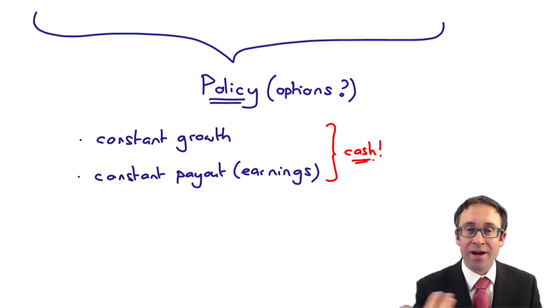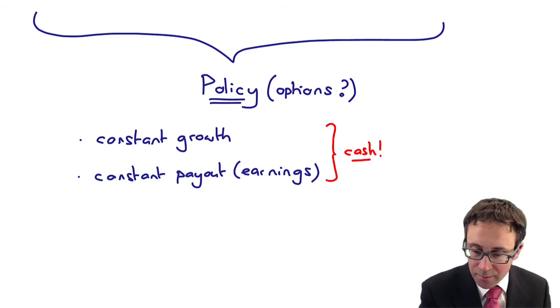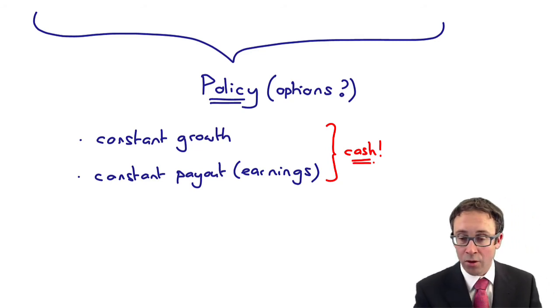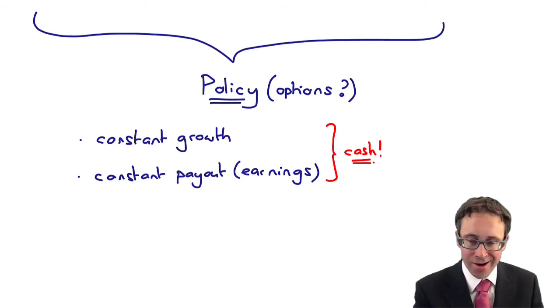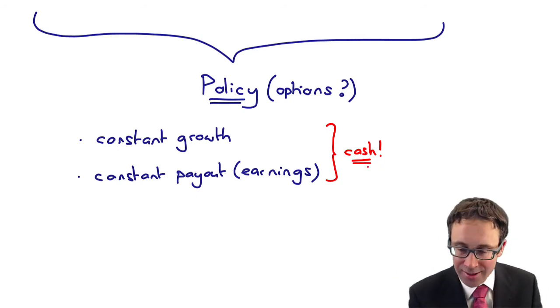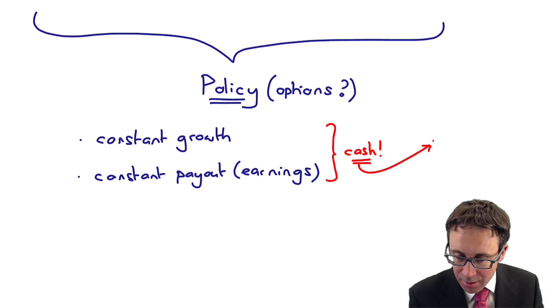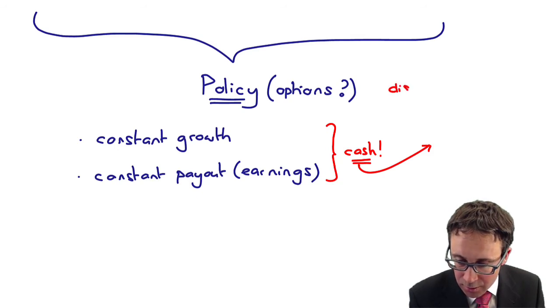involve cash, so you have to have the cash, don't we, to be able to pay that dividend. Also, if you want to get really into it, as well as having the cash, you also need the distributable profits.